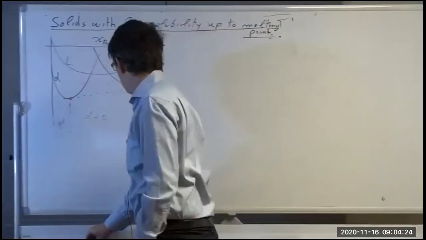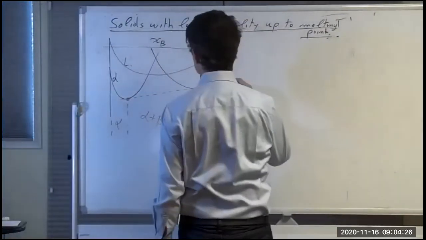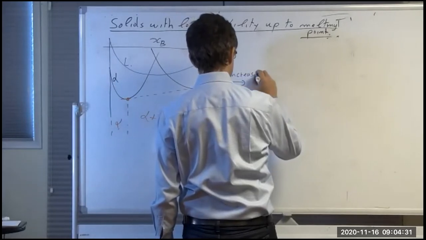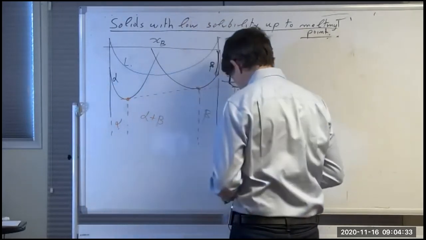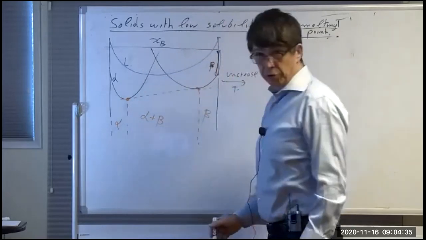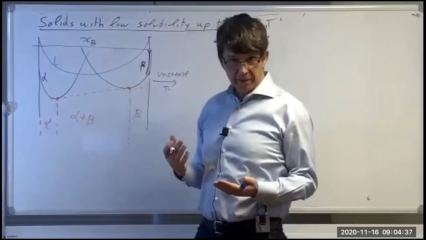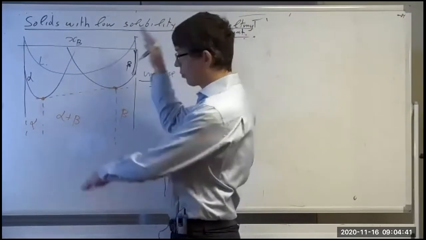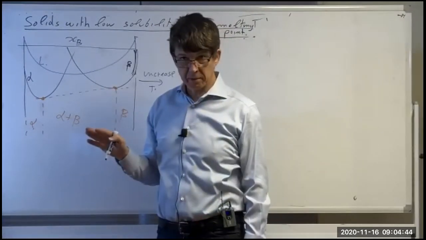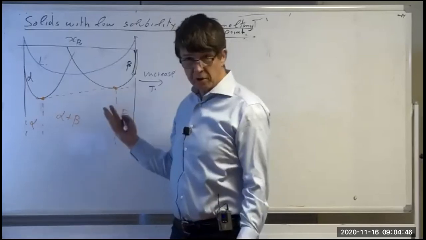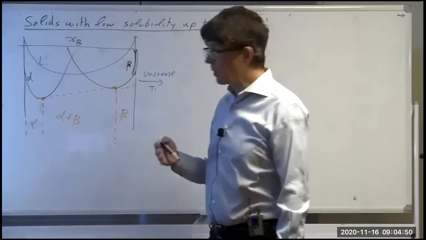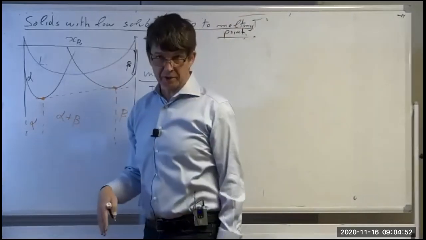What happens when we raise the temperature? Think about it, right? You should learn to think like a free energy. I go up in temperature. How do these curves slide with respect to one another? Just think about what has the highest entropy. What has the highest entropy comes down relative to the other stuff.